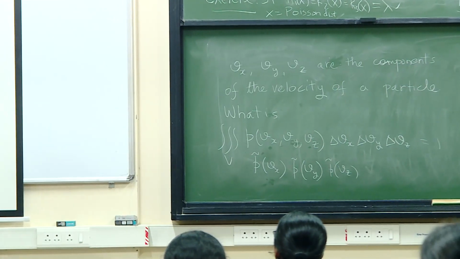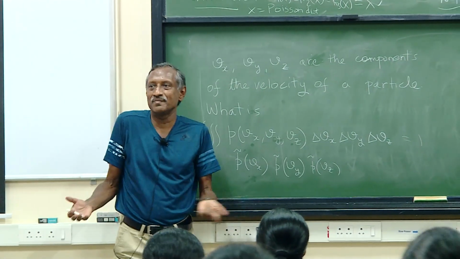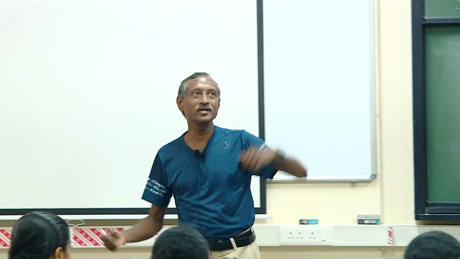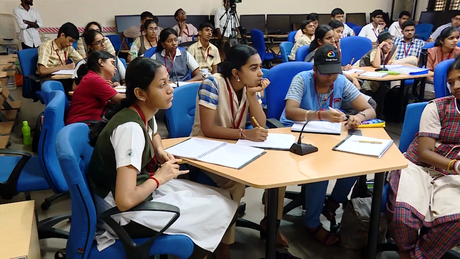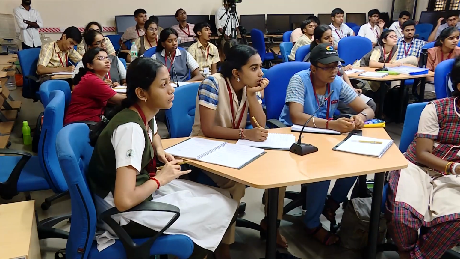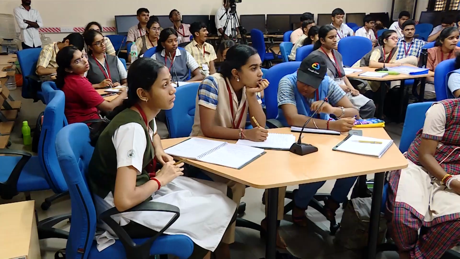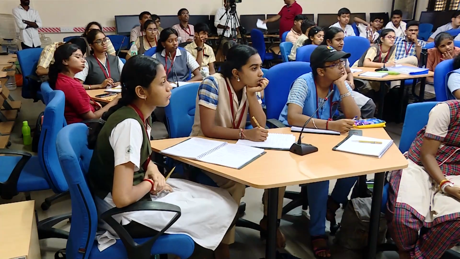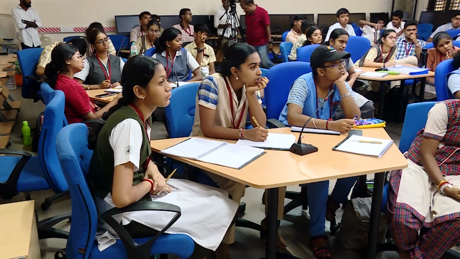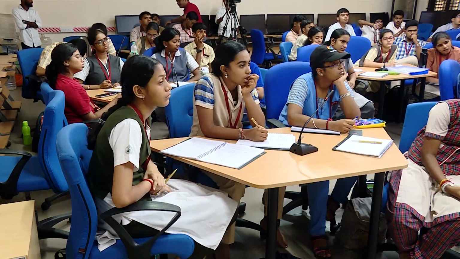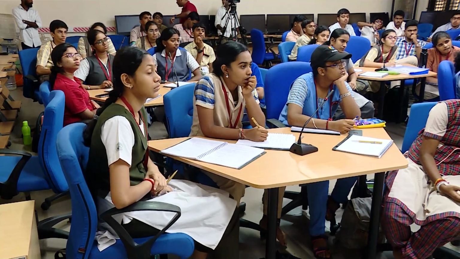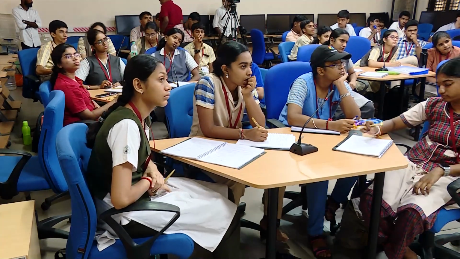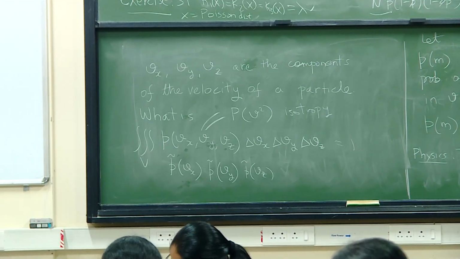So now I reduce this problem to finding this function. But there's another point: x, y, z is some arbitrary coordinate system. Someone else can come and choose an x-axis that need not agree with mine. Our volume is so big that there's no preferred direction. So we would expect this to be some other function of only v squared. This is called isotropy, no preferred direction, because v squared is the only combination that is invariant, depending only on the magnitude.